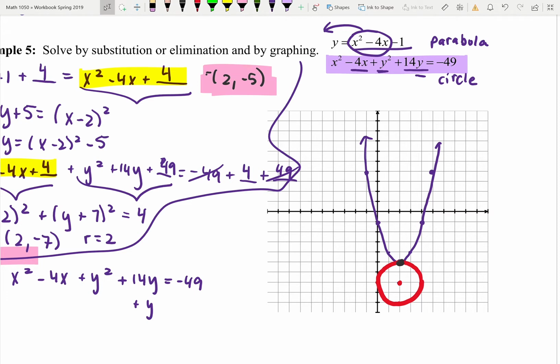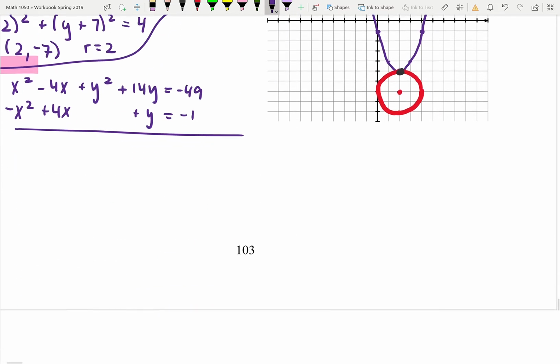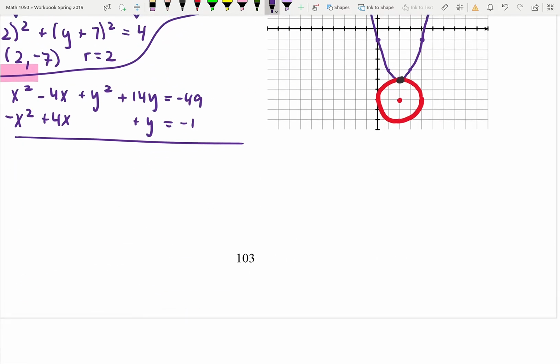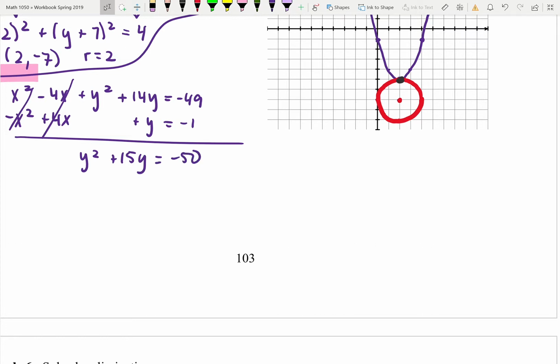The x squared becomes a -x squared. The minus 4x becomes a plus 4x. On the right I have a -1. Now the x's go away because the signs got changed. When -x squared and +x squared cancel, so do the x's. What I have left is y to the second plus 15y equals -50.